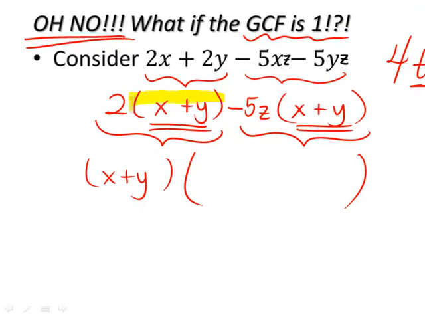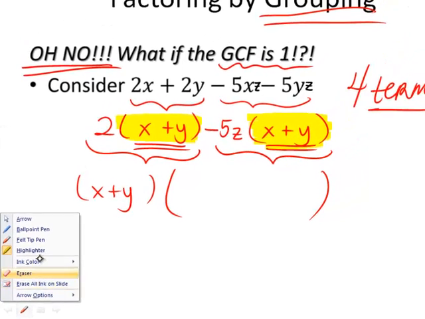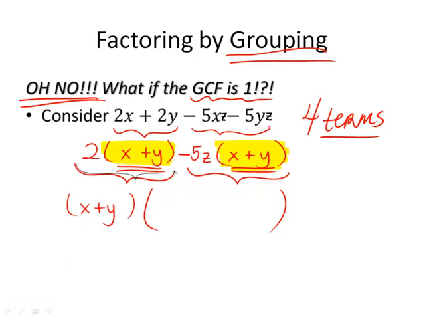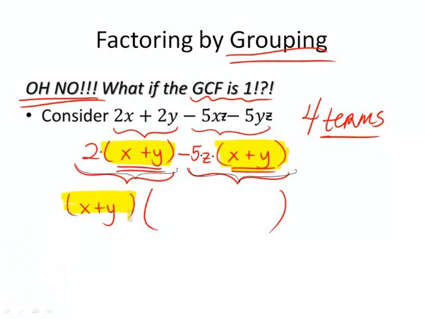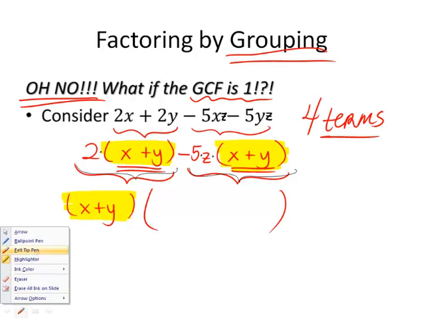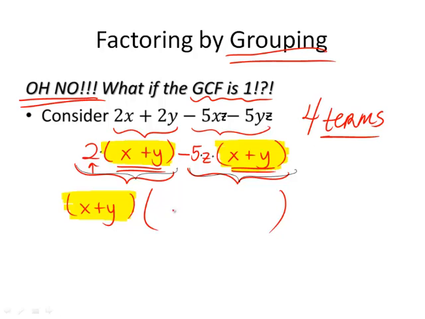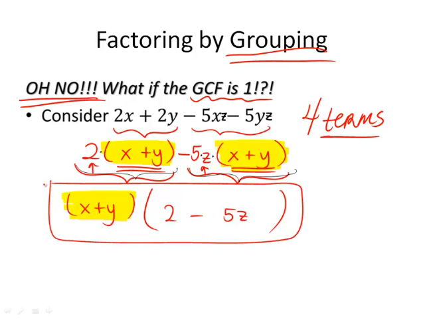We've got the x plus y term that is contained in both of these terms. This is multiplied, multiplied, multiplied. These are our clusters, and the x plus y has now been factored out as a common factor, which leaves us with a 2 minus a 5z in the other bracket. And this is our factored form.